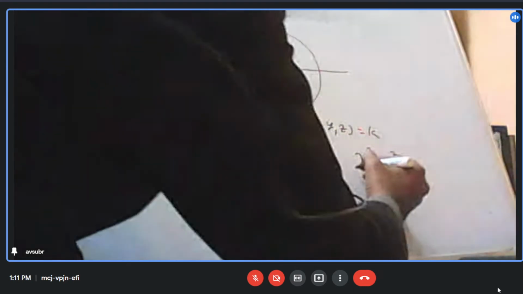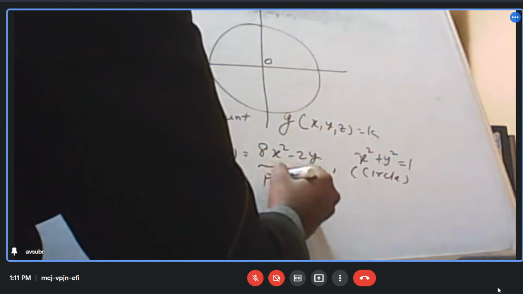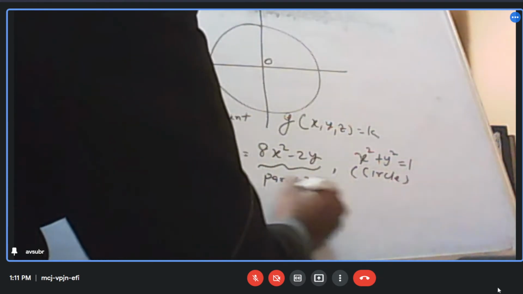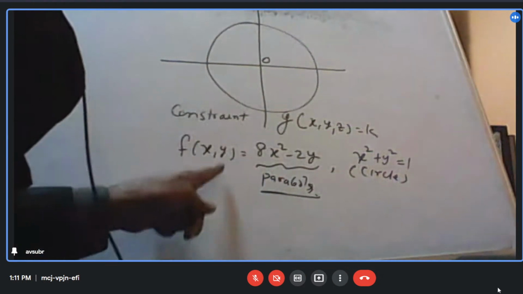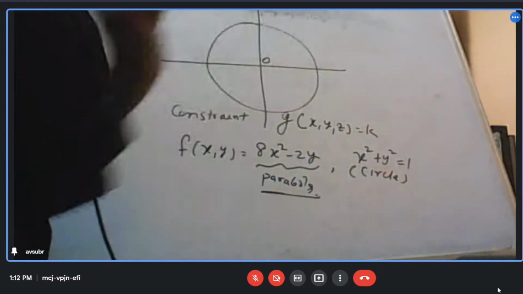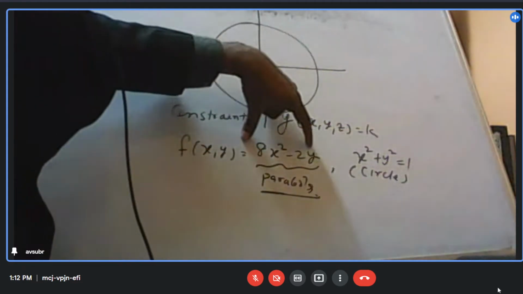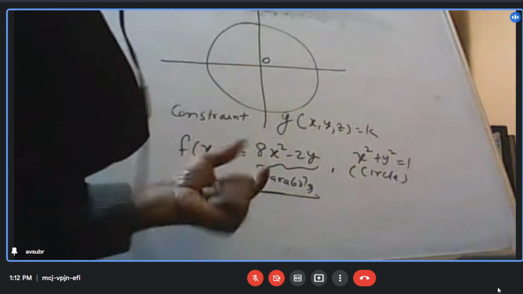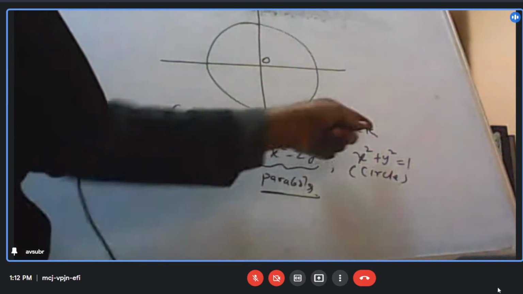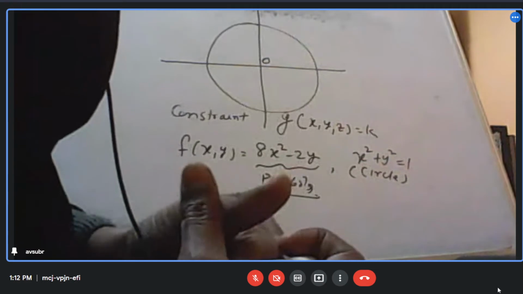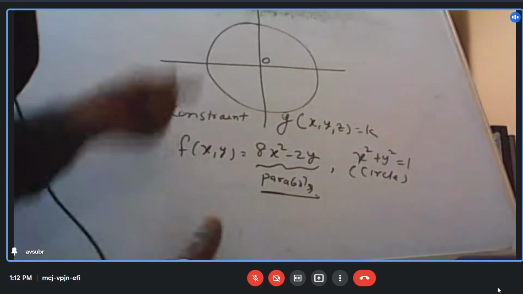This is the equation of a circle. And what is this equation? Equation of a parabola. Right? Fine. So now this should be subjected to this constant, means this should be equal to k, isn't it? This should be equal to k, means the function 8x square minus 2y should be such that it should be equal to k, because that is the constant, isn't it? Fine. So let us plot it.